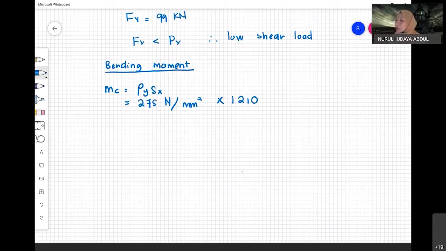So this one is in centimeter cube. So kita kena convert it into millimeter cube, darab 1,000 lah. So dia dah jadi 1,200,000 bla bla bla bla. And then simply darabkan. I dapat 3,327,5.